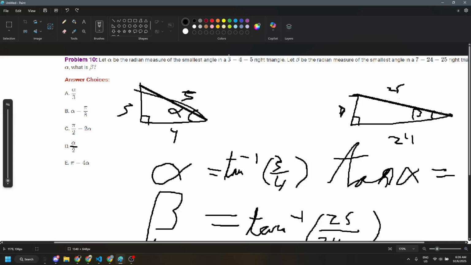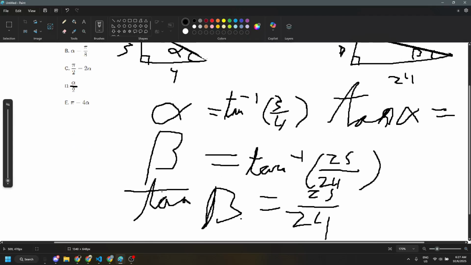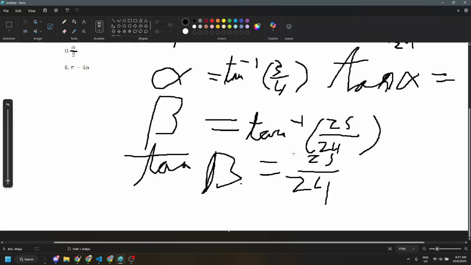That'd make this like 10, which I don't know about that. But, no, okay, I could see that. And then pi minus 4 alpha. Again, let's say alpha is like 30, then that would make sense. If alpha is 40, then that makes sense. And alpha over 2 makes sense too.